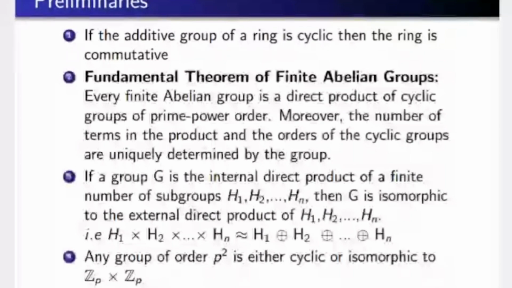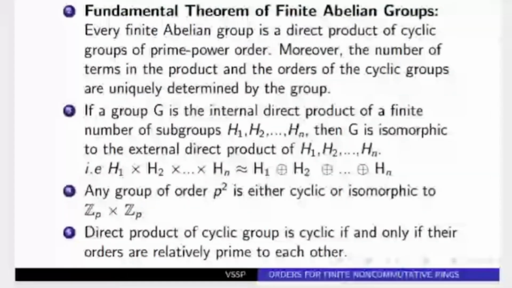And fourth is the characterization of any group of order p square. Any group of order p square is either cyclic, that is, isomorphic to Z p square, or it is isomorphic to Z p cross Z p.